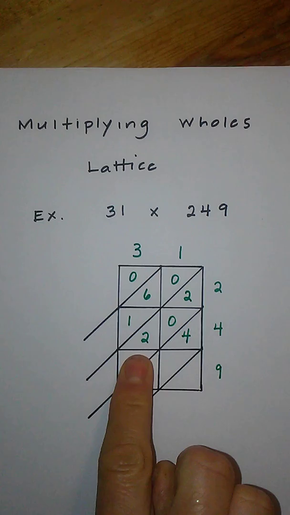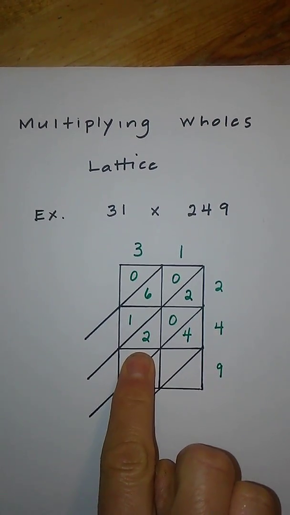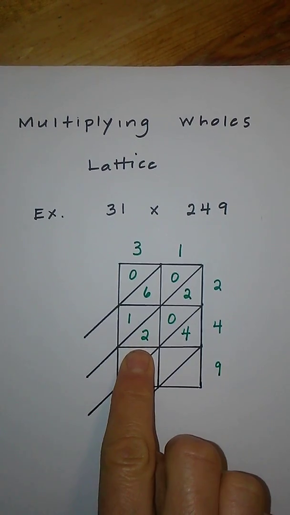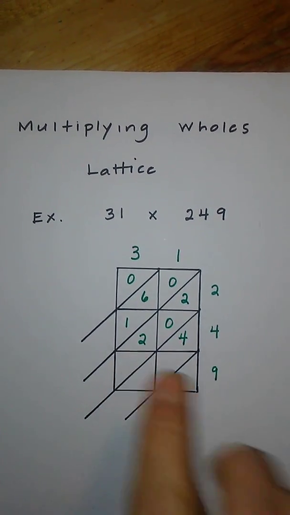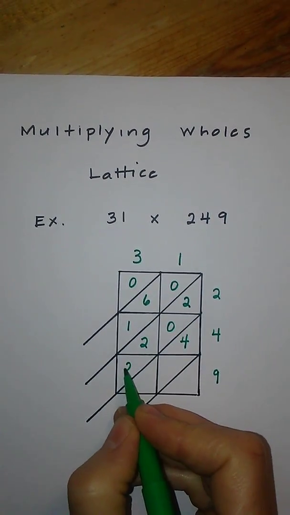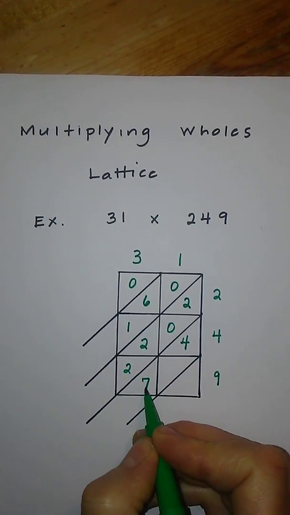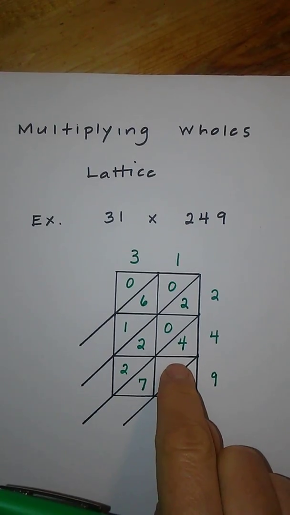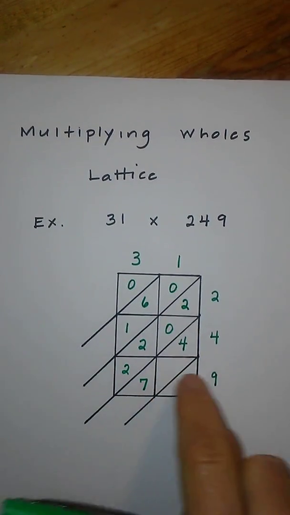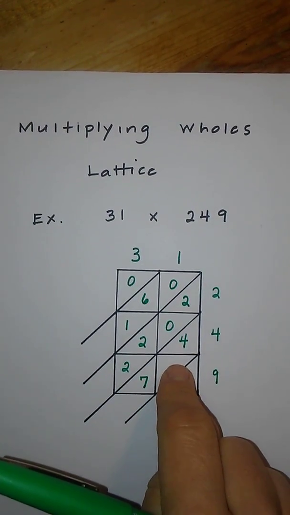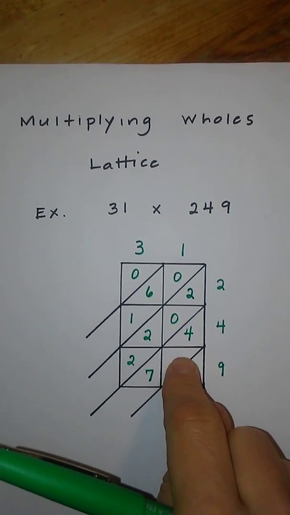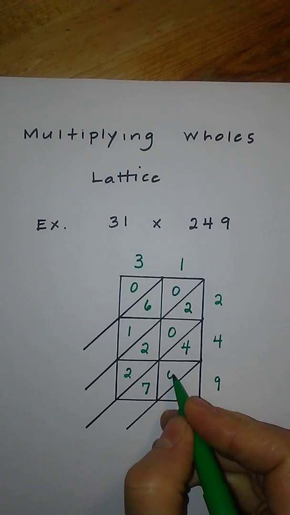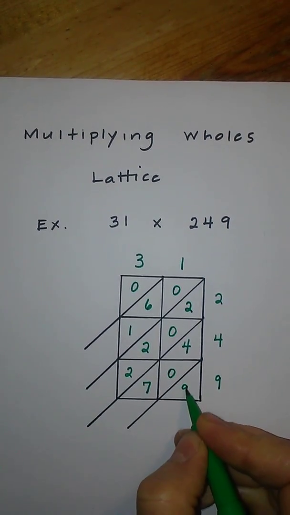This square right here where my finger is, I am working on 3 times 9. 3 times 9 is 27. Last spot right here, I've got a 1 up and a 9 on the side. This is 1 times 9, which is 9. So I'll write that as 0, 9.